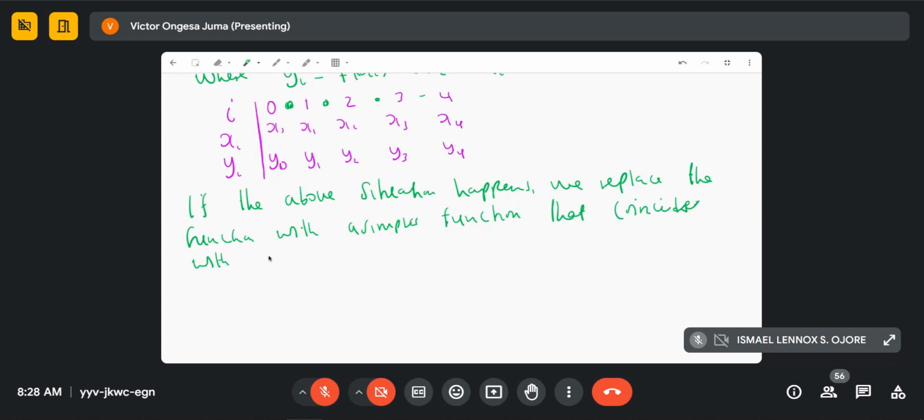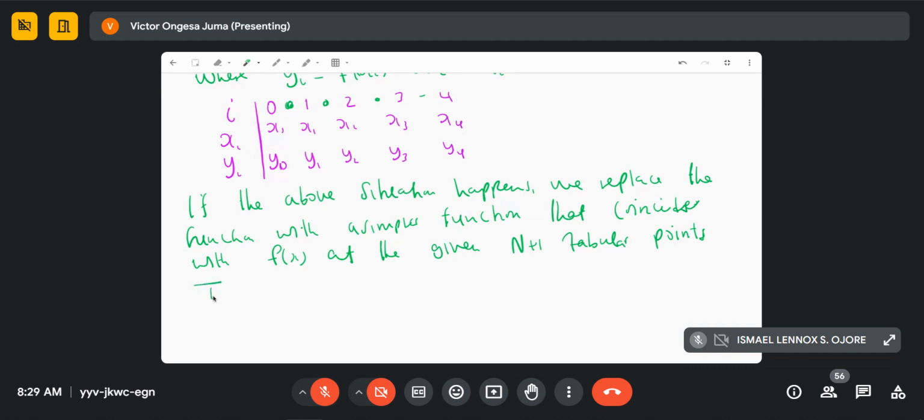That coincides with f of x at the given n plus 1 tabular points. Since we start from 0, it will be n plus 1. So if n is equal to 4, then you have 5 data points.